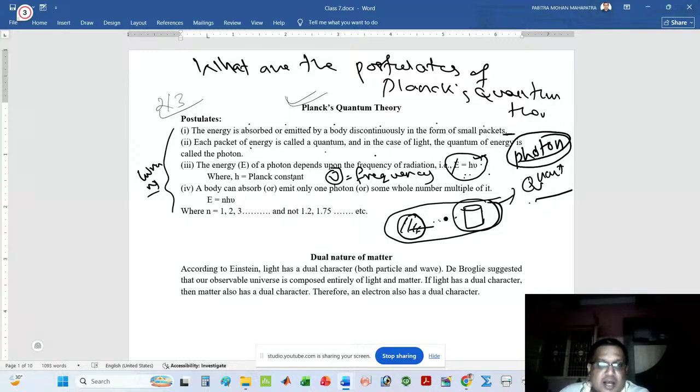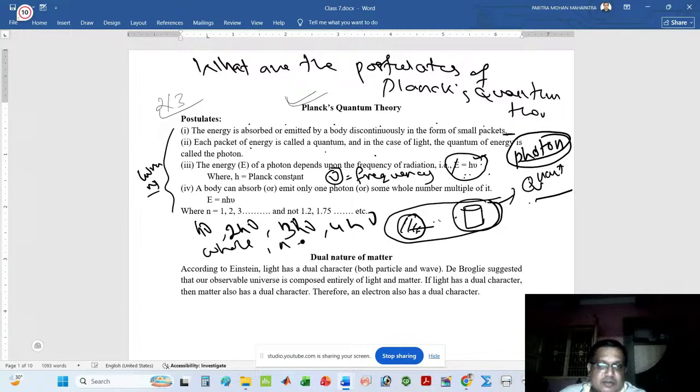Remember, the energy of the small packet, the energy of the photon is always h nu or 2h nu or 3h nu or 4h nu, like that. That means h nu must be multiplied with a whole number.